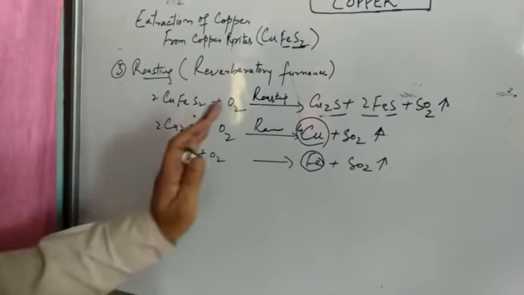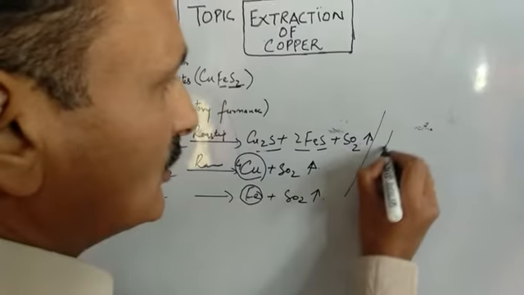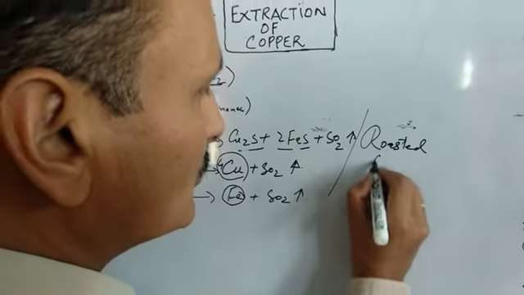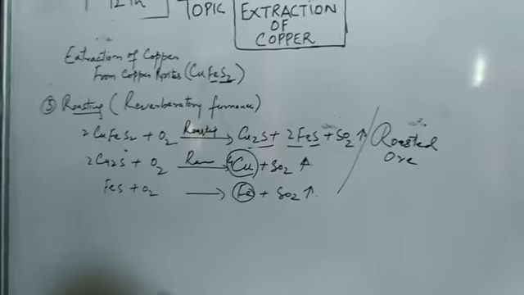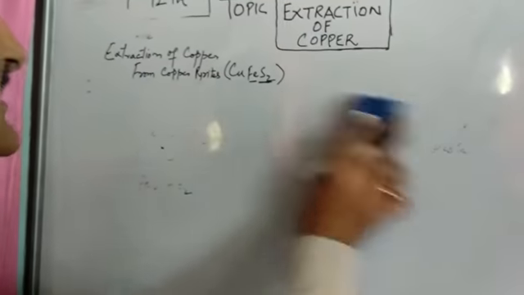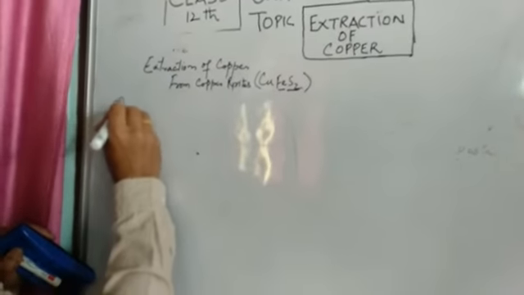Now as a result, when roasting is completed, we get an ore known as roasted ore. Now after roasting, we move to another step that is known as smelting. Smelting is the fourth step.